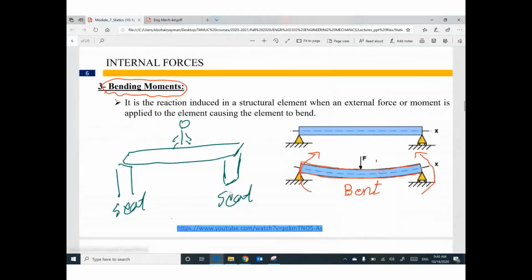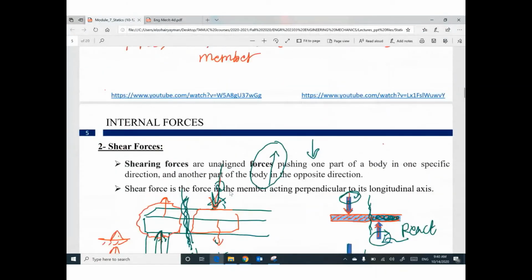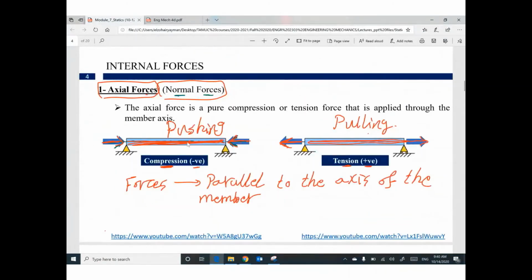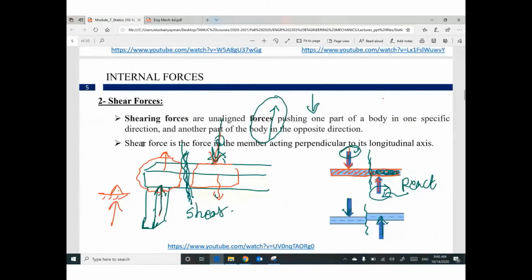So sometimes your external force will make axial force if these forces are parallel to the member. Sometimes your external forces will make shear if this force and this force are opposite to each other, and both of them are perpendicular to the member.